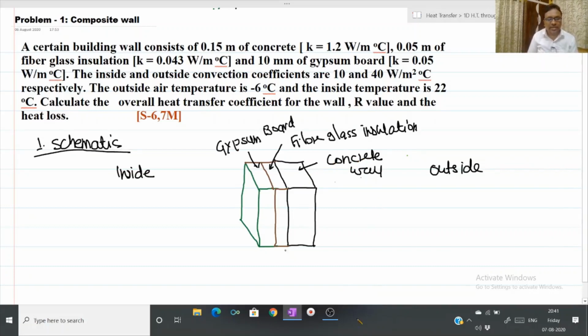Let us say the thermal conductivity, so this is represented by material 1, 2, and 3. Let's say the thermal conductivity of gypsum board is represented by K1, of fiberglass insulation K2, and that of the concrete wall is K3. Let's say the thickness is L1, L2, and L3 respectively.